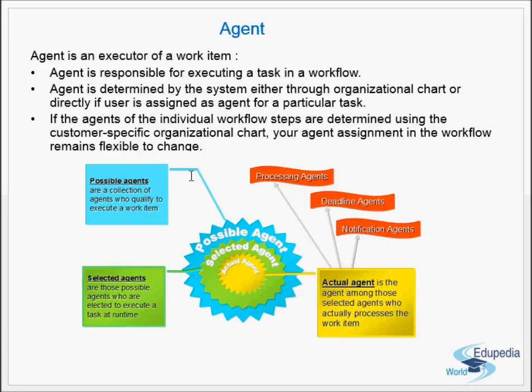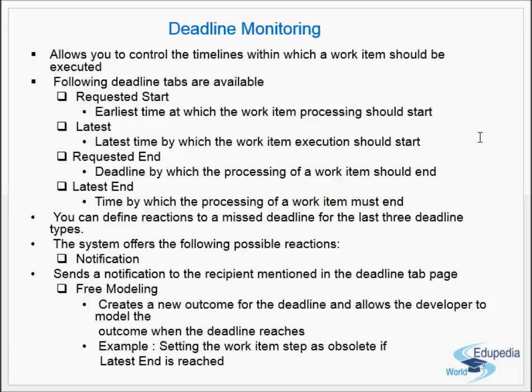The next one we discussed is agents. An agent executes a task or a work item. We have the actual agents selected from the possible agents. Apart from this, we have processing agents, deadline agents, and notification agents also. So an agent is the user who processes a step or a work item in a workflow.